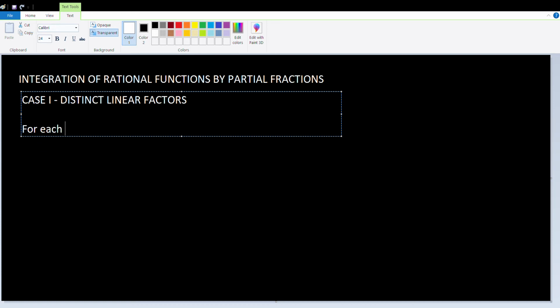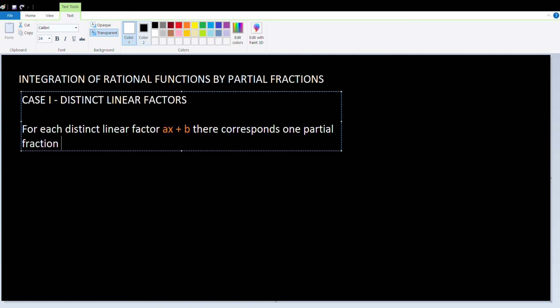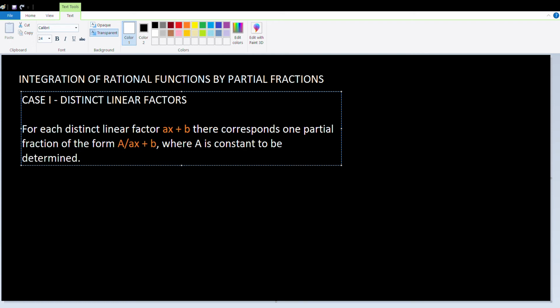For each distinct linear factor, ax plus b, there corresponds one partial fraction of the form A all over ax plus b, where A is a constant to be determined.